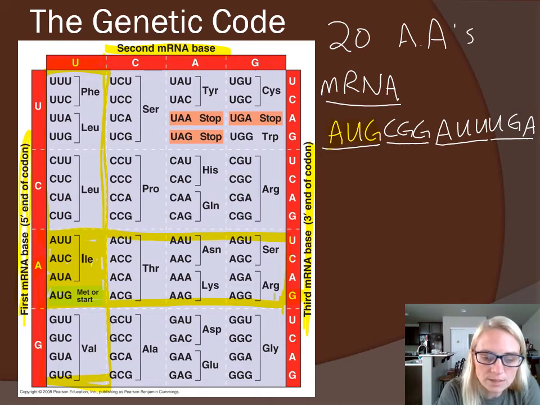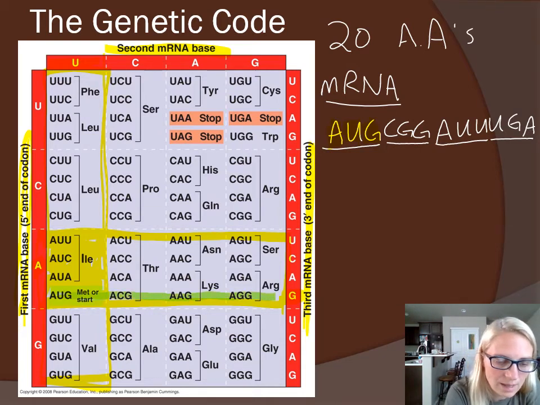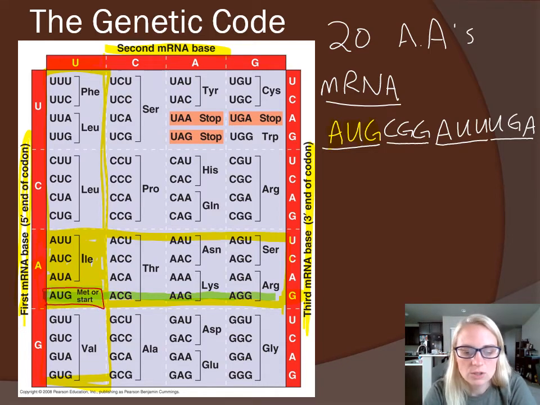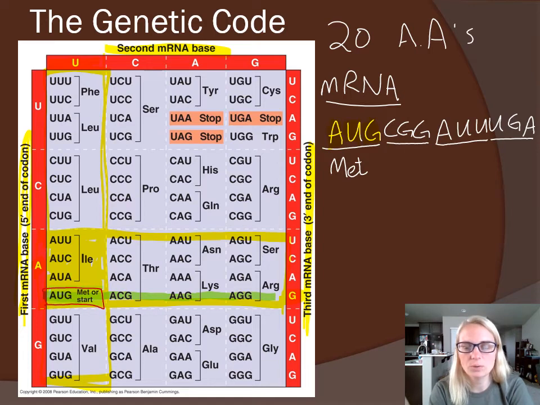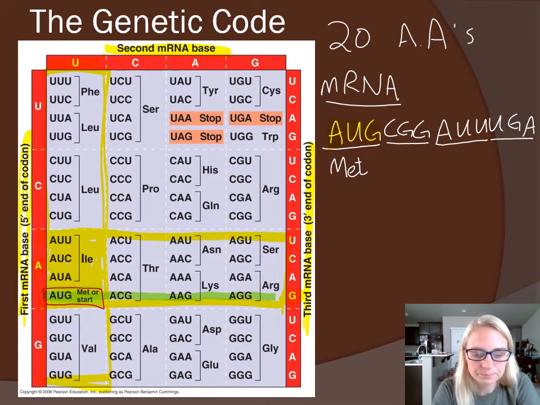Then we go across this way, and every codon has G at the end. That gives us our final answer, AUG. AUG is going to code for methionine, which just happens to be the start codon. So every protein starts with methionine, which is so amazing. Well, let's take a look at the second one.